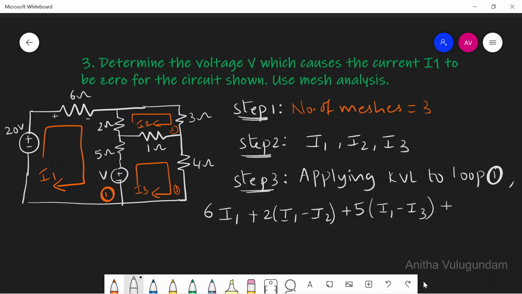Next plus V equal to 20. By rewriting this equation, I can write 6I1 plus 2I1 plus 5I1, that is 13I1 minus 2I2 minus 5I3 equal to 20 minus V. Let this be equation number 1.